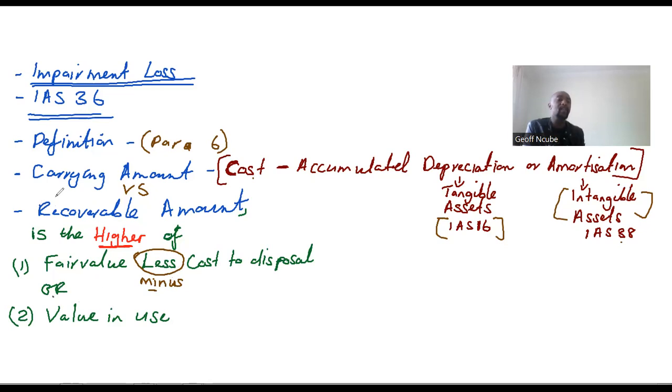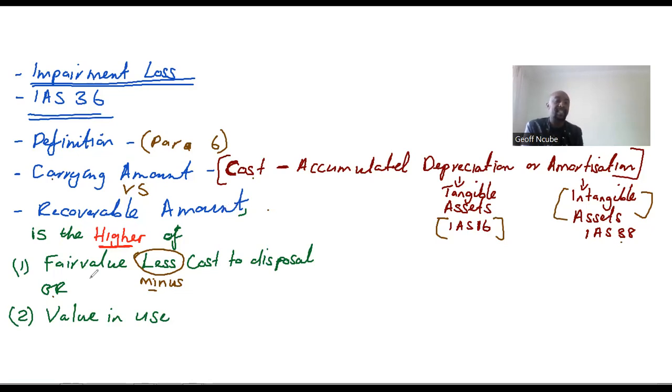So always your recoverable amount will be represented by the higher of the two. So you simply compare which one is higher between my fair value or value in use. Whichever is higher will become your recoverable amount. And then you can complete the formula for impairment loss, which is carrying amount minus the recoverable amount.